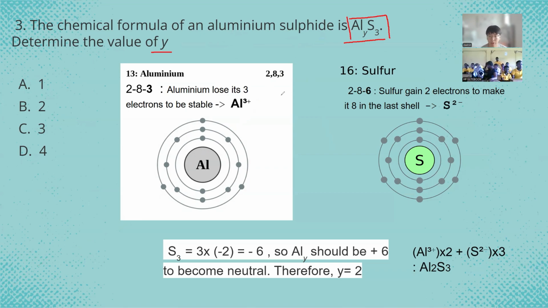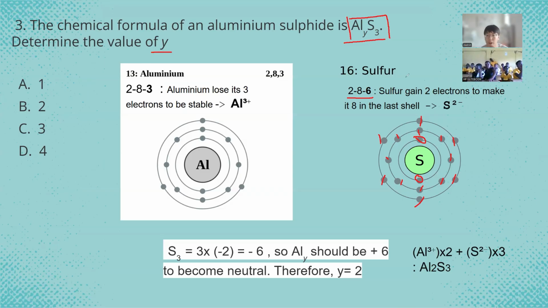First, we need to know what sulfur's structure is. Sulfur has an electron shell of 2-8-6. We can confirm that. 1, 2, 1, 2, 3, 4, 5, 6, 7, 8. On the third shell, 1, 2, 3, 4, 5, 6.